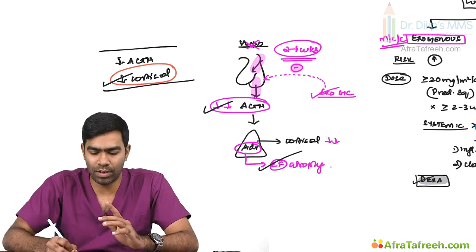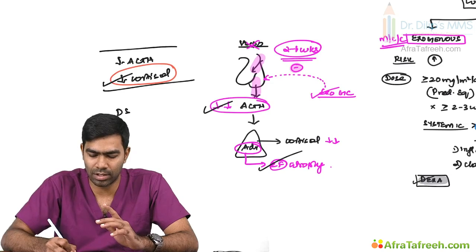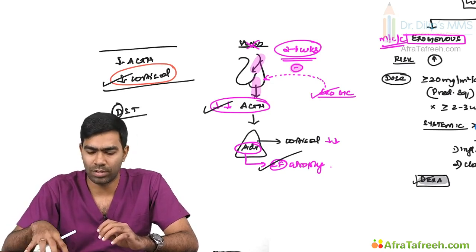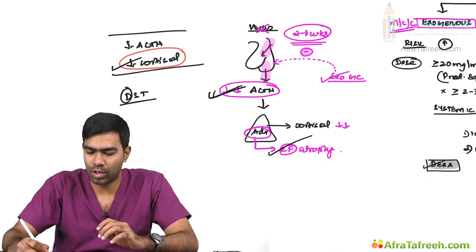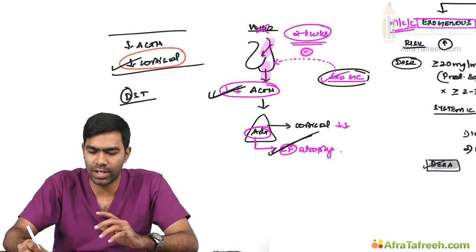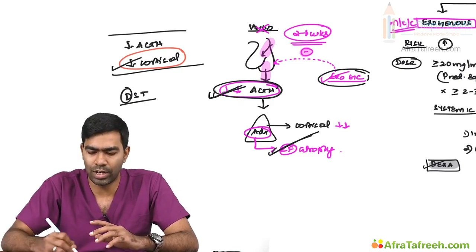That is the reason why whenever you're using a suppression test for diagnosis of Cushing's, you use the dexamethasone suppression test. The same principle applies, where in normal patients, when you give dexamethasone, they are going to reduce ACTH and they are going to reduce the cortisol. So the next day after giving dexamethasone, they will be having a low cortisol.